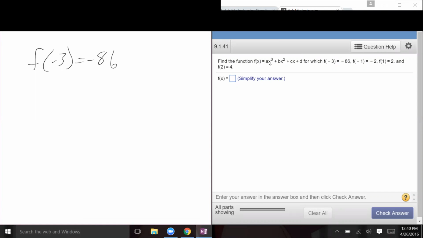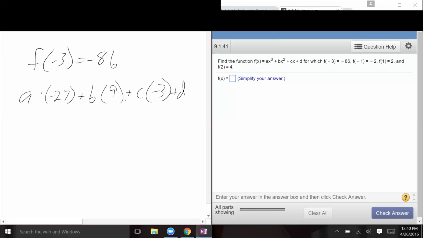So if I plug in -3 here, I've got a times -27 plus b times -3 squared, which is 9, plus c times x, which is just -3, plus d.